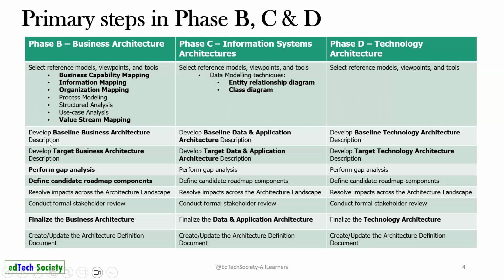Moving on, the other steps are developing the baseline business architecture description, developing the target business architecture description, performing gap analysis, defining candidate roadmap components, resolving impacts across the architecture landscape, conducting a formal stakeholder review, finalizing the business architecture, and creating or updating the architecture definition document.